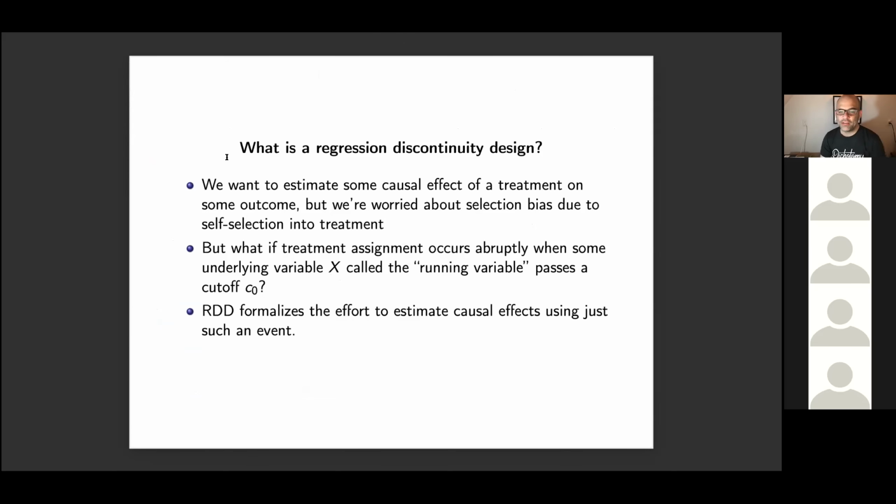So we want to estimate some causal effect of a treatment on some outcome, but we're worried about selection bias. You should always be worried about selection bias. When it comes to observational data, you only have reasons to believe that the independence assumption likely is going to be violated just because of utility maximization.